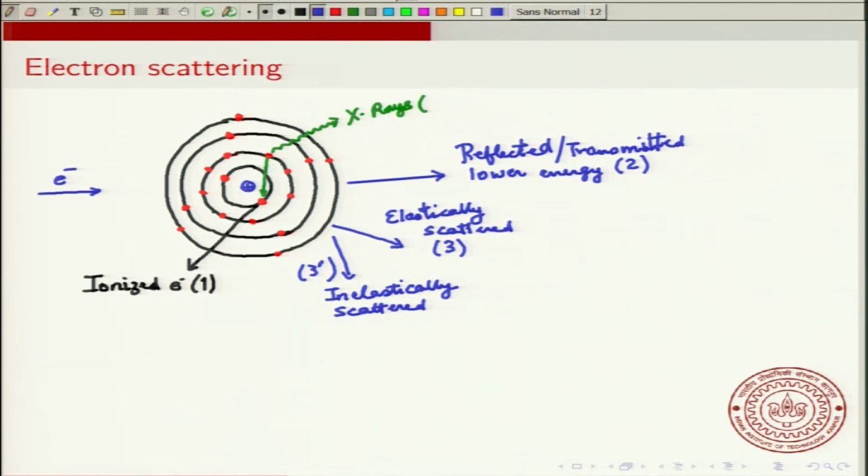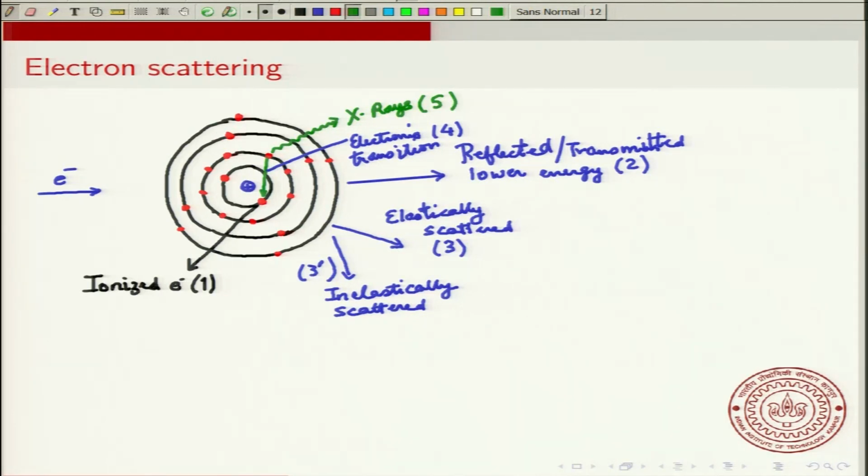Now, there is an electronic transition here. Let me label this electronic transition as 4 and this X-ray production as 5. Now, what else can happen?